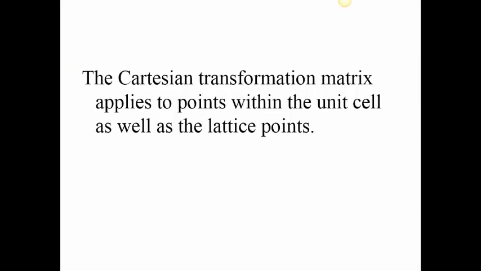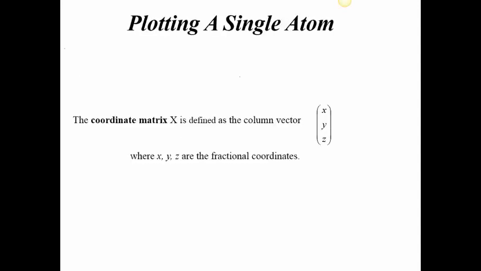And now we need the Cartesian transformation matrix, and we can apply that very nicely to points within the unit cell as well as to the lattice points. We derived this in chapter 1 for lattice points, and now we can just apply it also to points within the unit cell. So here we're going to plot a single atom.